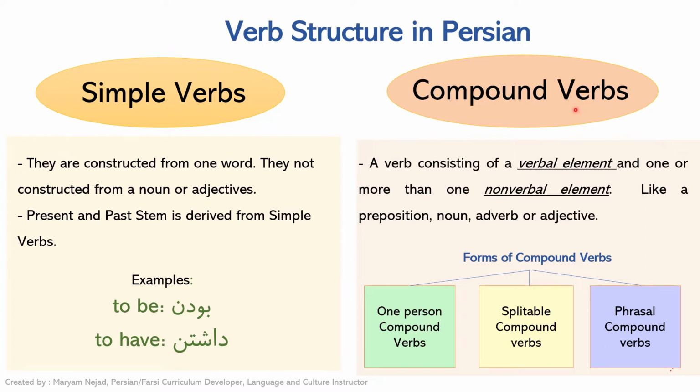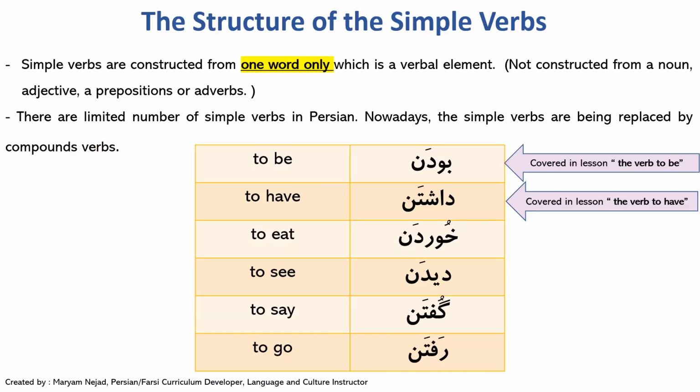However, compound verbs, the reason they are called compound verbs is because they have a verbal element and a non-verbal element. And the verbal element is a simple verb. So both of these categories are very important. So we are going to go over each group a little bit more in detail, and we are going to start with simple verbs. The structure of the simple verbs.